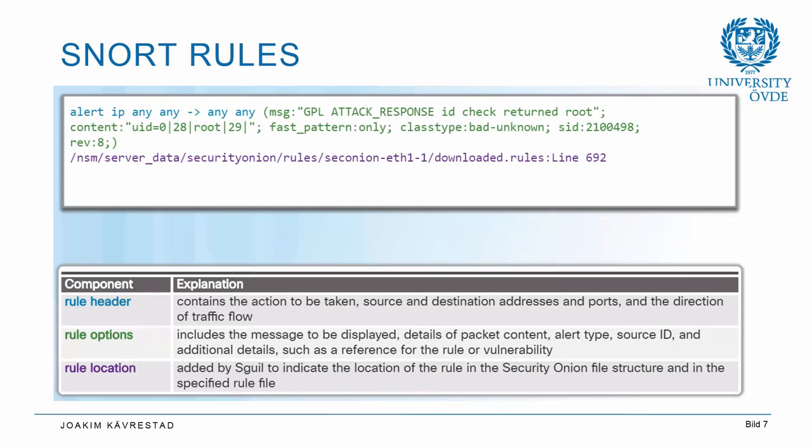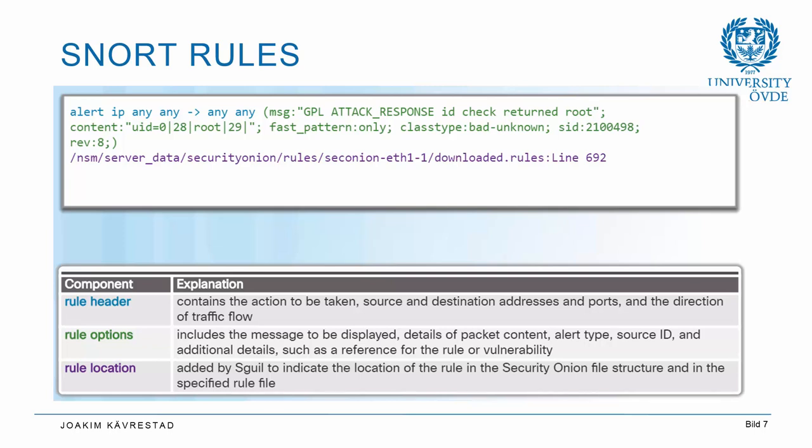If we look at a rule, this blue part, alert IP any, is the rule header, and this contains the action to be taken, the source and destination address and port, and the direction of traffic flow. So in this case, an alert should be issued when there is IP traffic going from any IP address to any other IP address.